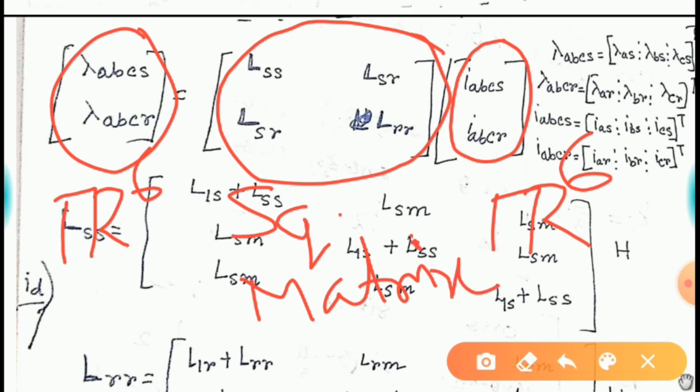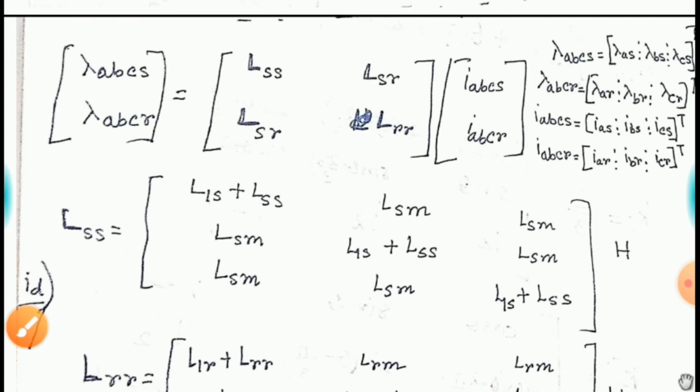But in case m is not equal to 3, this will become a rectangular matrix, like we have observed in the case of our synchronous machine, where we have intentionally considered one q-axis field winding G that causes an extra dimension in our rotor quantity or rotor vector.